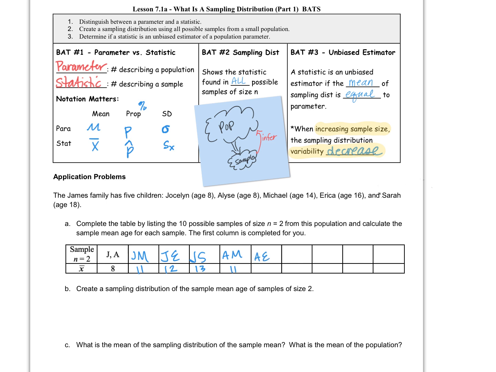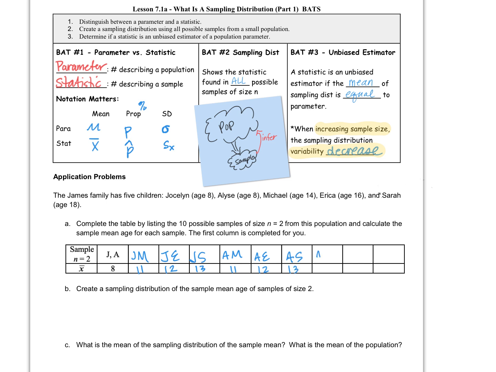Elise and Erica, because they're both 8, they're all the same. Oh, I see what you're saying. Yeah, so this will be 12. Is that what you're saying? Yeah. Okay, y'all are just ahead of me. All right, Elise and Sarah is going to be 13.